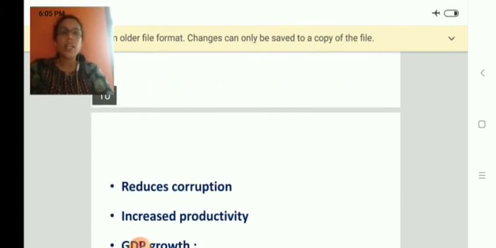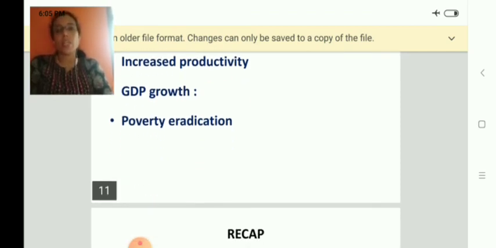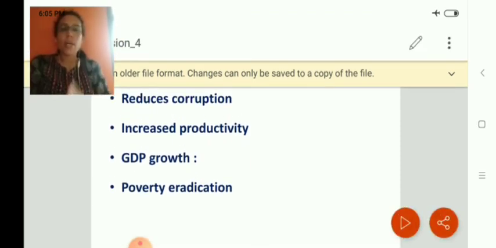of goods and services, reduced corruption, increased productivity, GDP growth, poverty eradication. All these are the benefits of GST to the country, to the government, to the business, to the industry, to the common man.